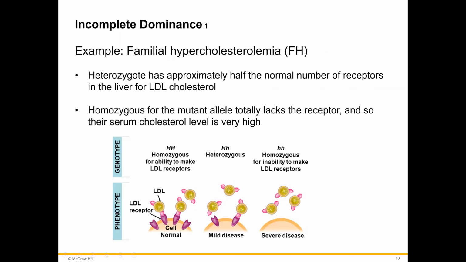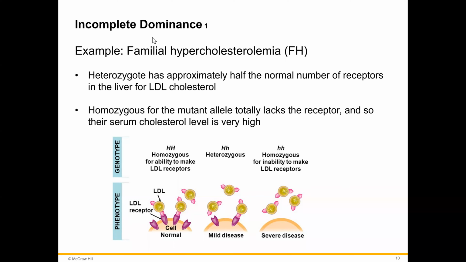Another example of incomplete dominance is familial hypercholesterolemia. It's a high cholesterol level in the blood. Now, heterozygotes have approximately half the normal number of receptors in the liver for LDL cholesterol, and homozygotes for the mutant allele totally lack receptors, and so the serum cholesterol level is very high.